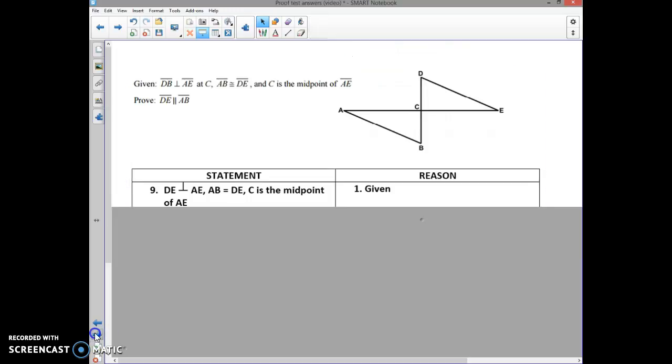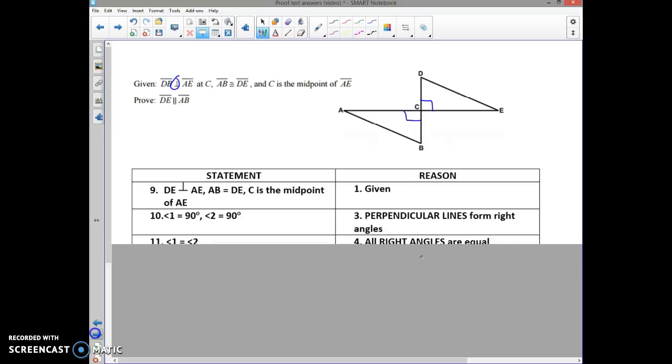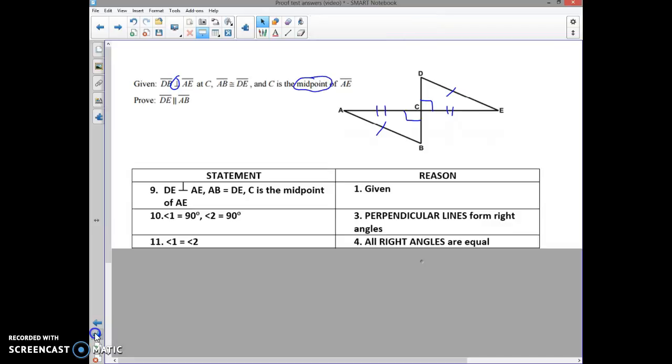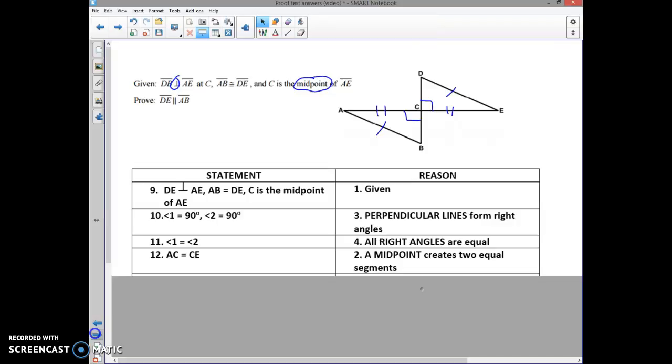And then the bonus, again, straightforward vocabulary. You need to know these vocabulary words. Perpendicular, again, creates equal right angles. AB is equal to DE, that's just a marker. Midpoint, and again we have midpoint creates two equal segments.